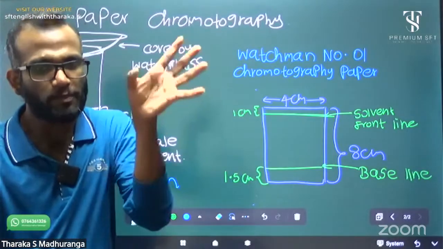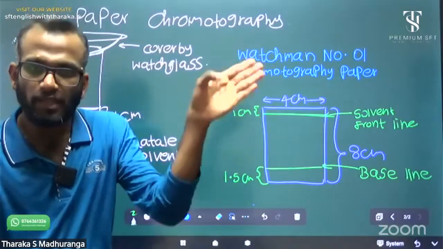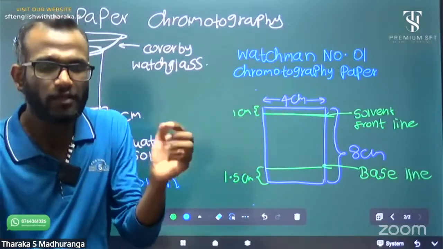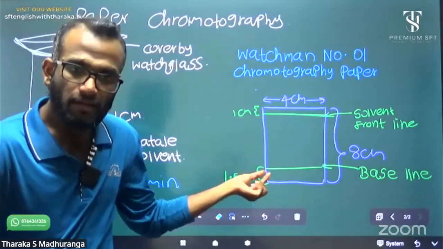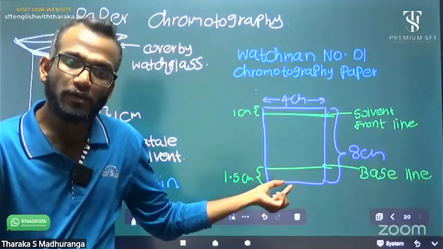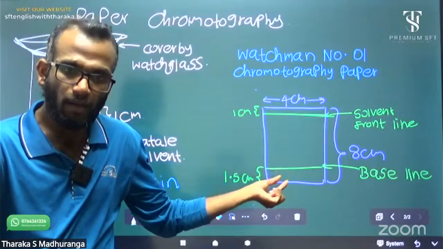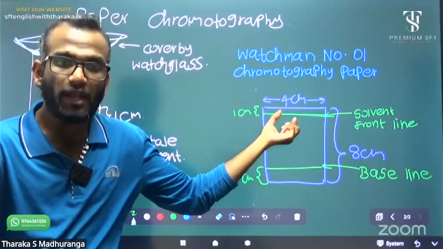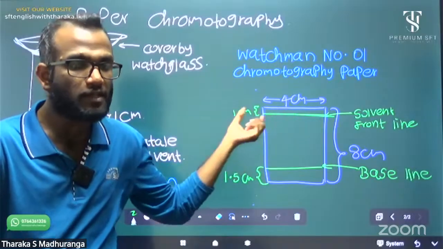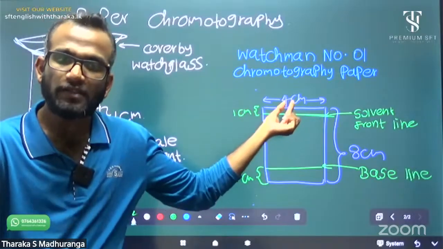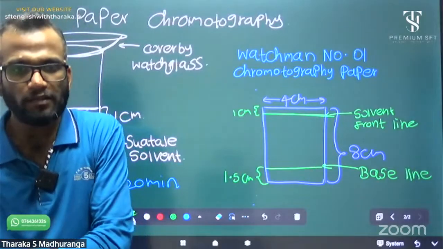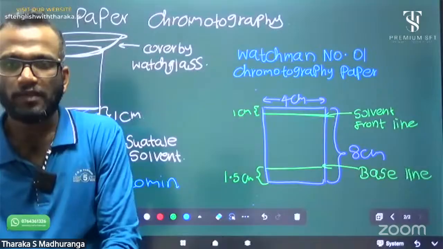Then I got Whatman number 1 chromatography paper with 8 by 4 centimeter dimensions. Then I drew the baseline 1.5 centimeter above the lower end, and using the same pencil, drew the solvent front line 1 centimeter below the upper end. Understood?